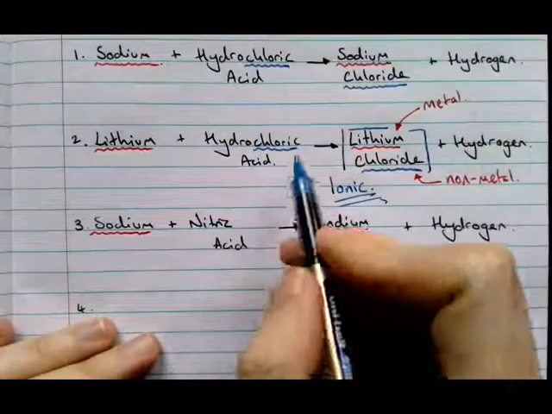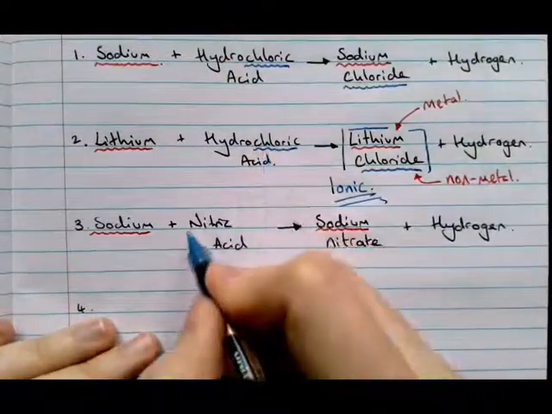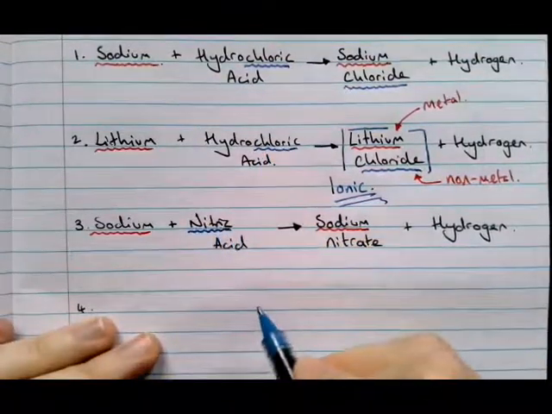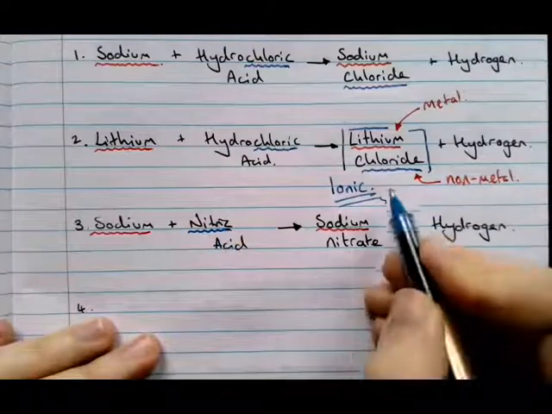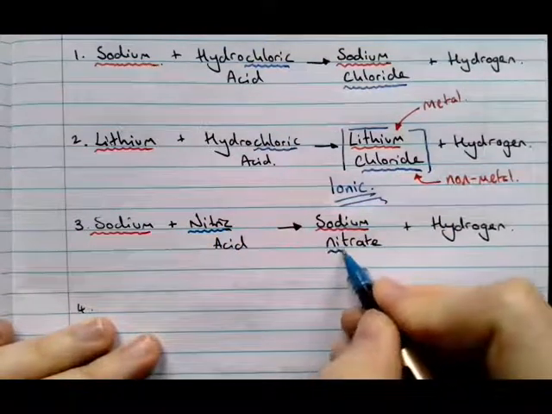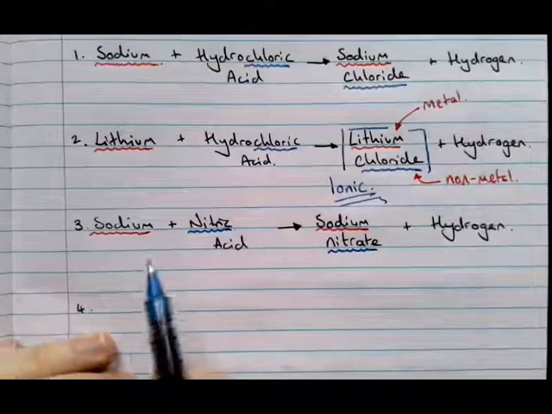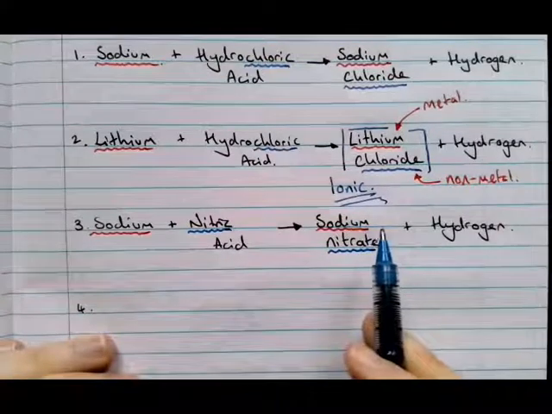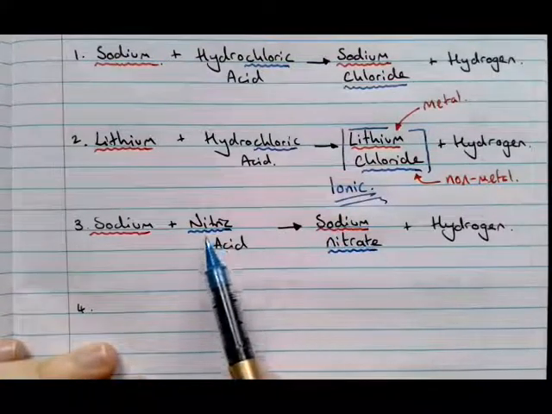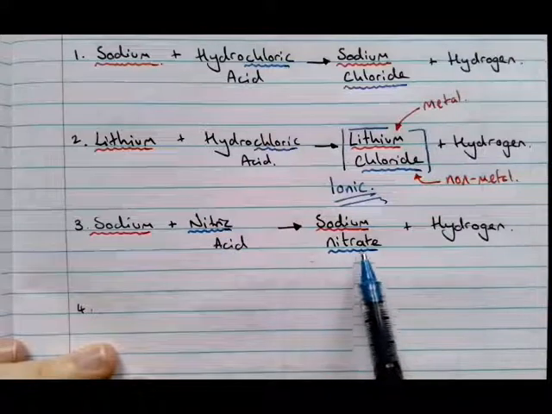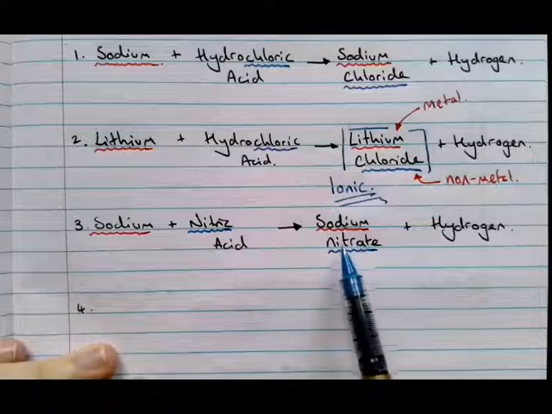So instead of hydrochloric acid up here, I'm now using nitric acid. So if I use nitric acid, I don't get a chloride, I get a nitrate. Otherwise it's exactly the same. Everything else is the same. The only thing that changes is, because I've changed my acid, I get a different type of salt.